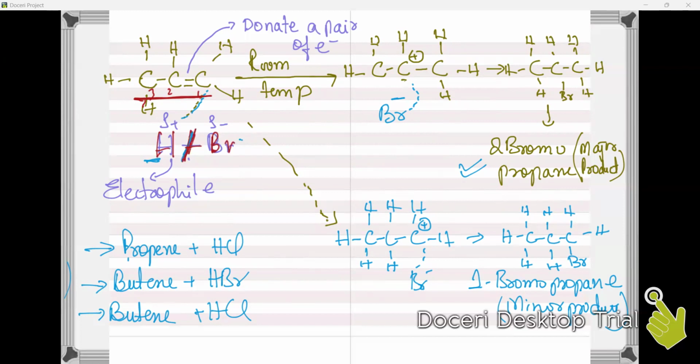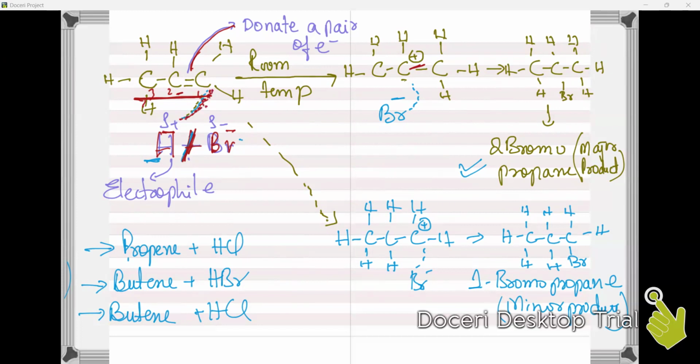Hydrogen bromide will break with a fission and get charges: a partial positive charge on hydrogen and a partial negative charge on bromine. This partial positive one is going to attack this carbon. This double bond will donate the pair of electrons, and this carbon will get a positive charge.